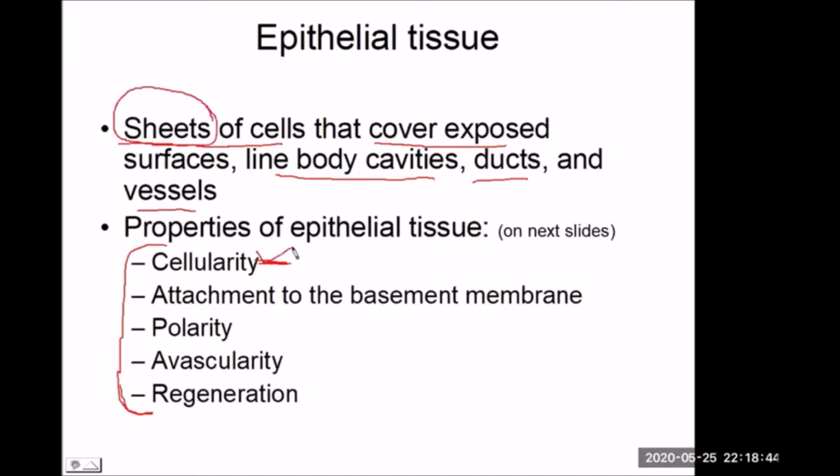Also, since these tissues cover the surface, what holds them in place and connects them down to deeper structures is what's known as a basement membrane. So this is what attaches the superficial epithelium onto the deeper surfaces of our body. Individual epithelial cells have this trait of polarity, lacking a blood supply. And with mitosis, we rapidly produce new cells to replace older ones. So we'll expand upon these traits.